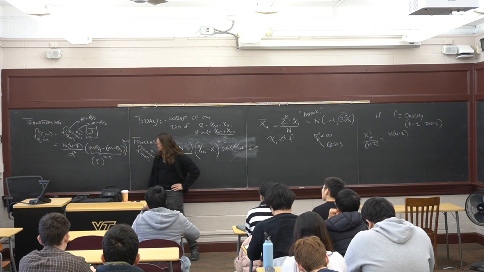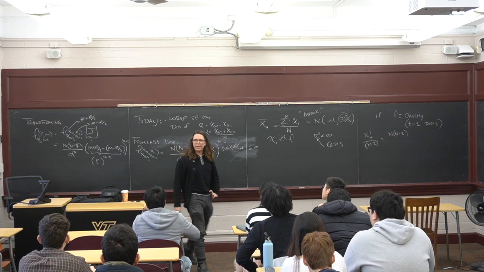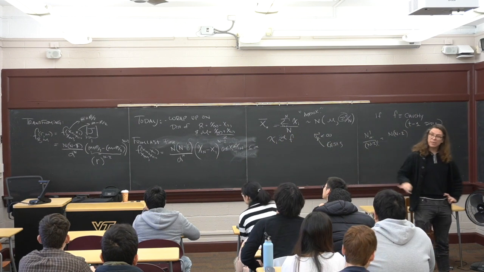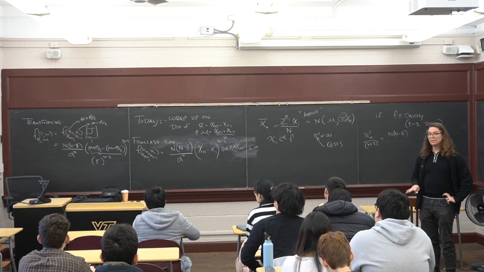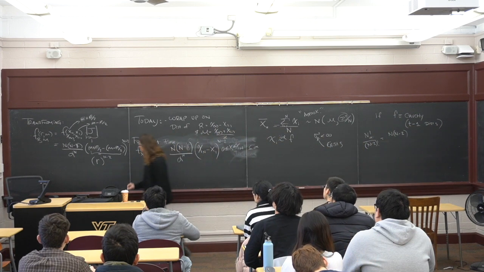So let me just ask. This density says something about r. Does it say anything about m? Is there any information involved in m? Totally. It doesn't show up right there, but it's in the bounds.